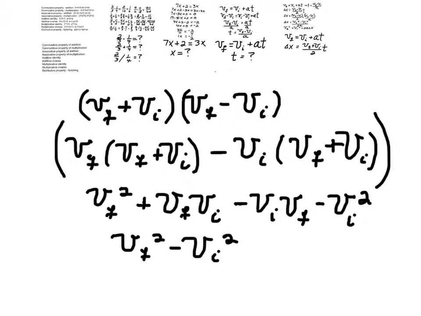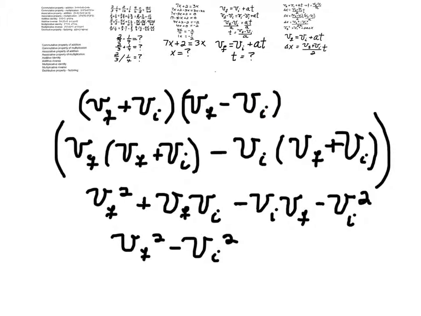Now watch how the distributive law works here. What I'm going to do is take this term, think of it as a term, this bracketed parentheses, and distribute it over these two terms. So I'm going to take this and multiply it by the V final, and then take this and multiply it by the V initial.